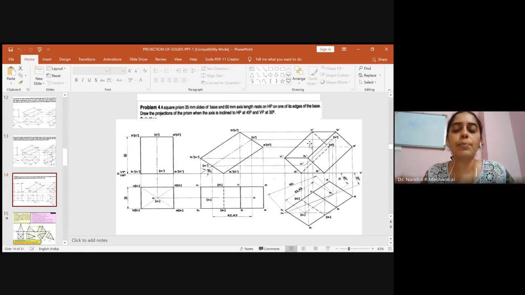If it is asked appears to be inclined in axis problem when it is resting on one of its side on HP. But in this case, it is a problem on axis which is directly inclined to HP as well as VP, and hence we have to determine the apparent angle beta.